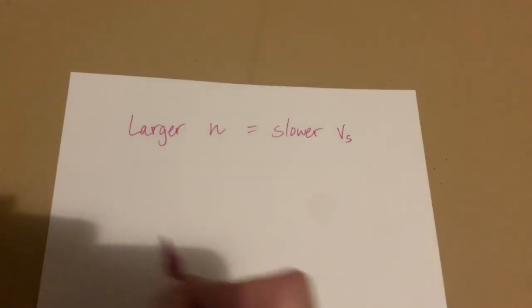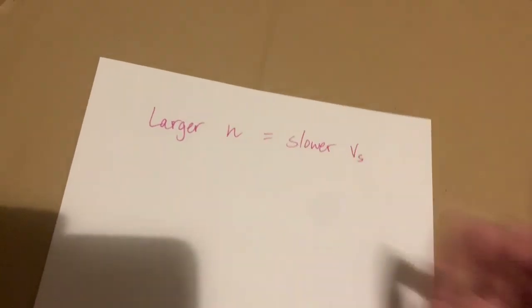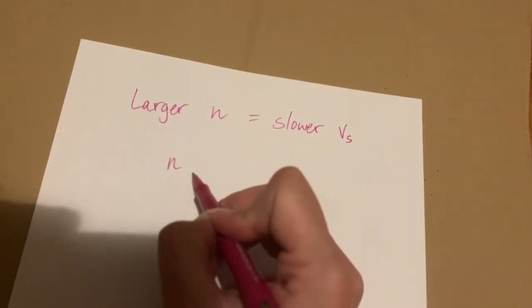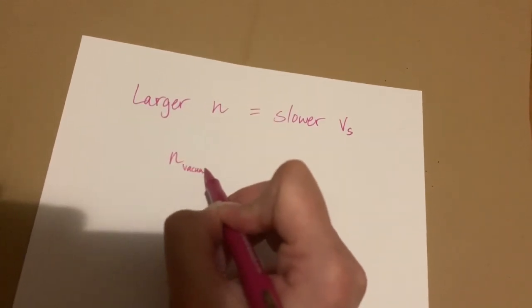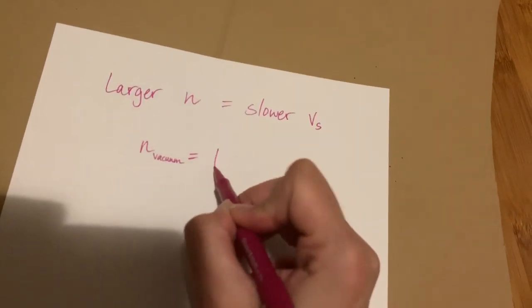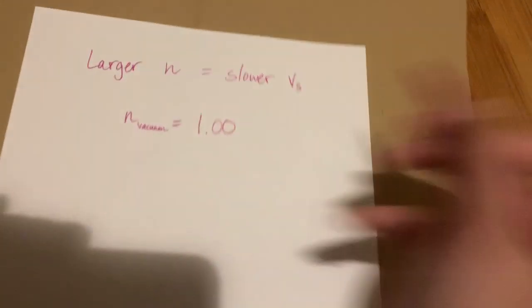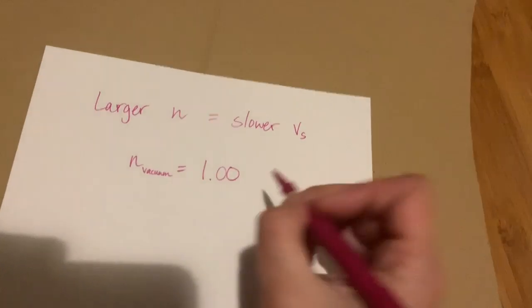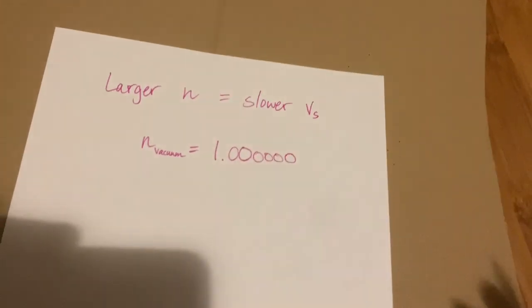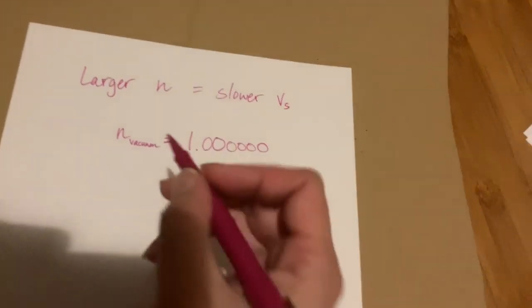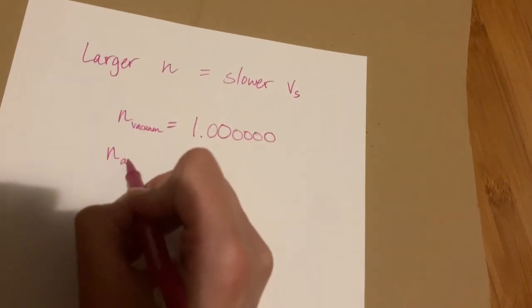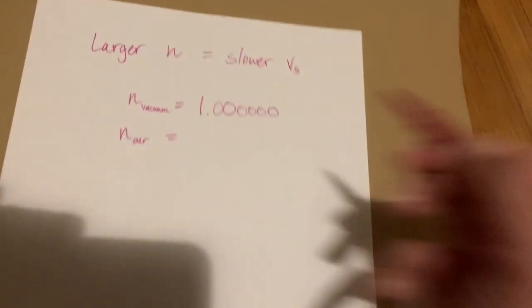So we could imagine, let's say n of a vacuum is going to be exactly 1.00000, because it's 3 times 10 to the 8 divided by 3 times 10 to the 8. n of air. Well, air is a gas.